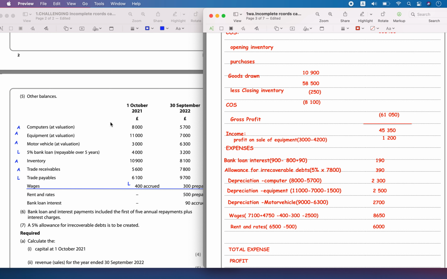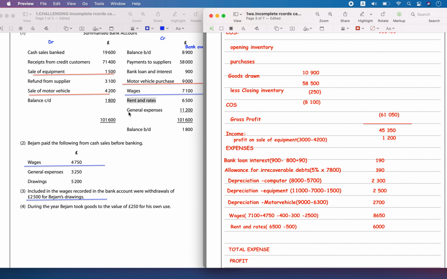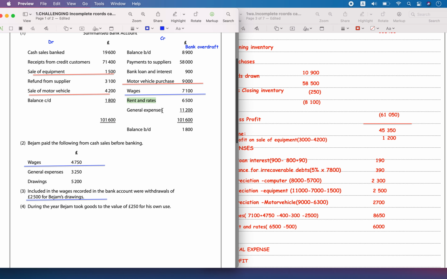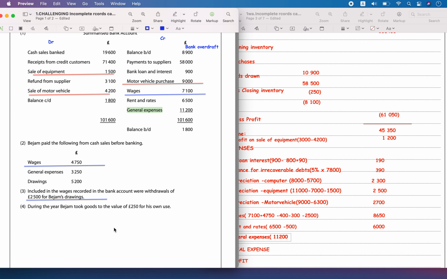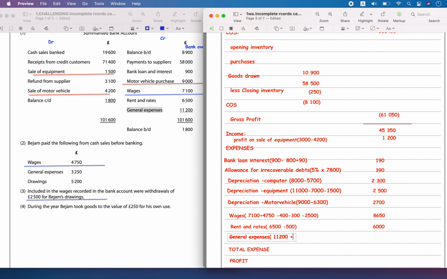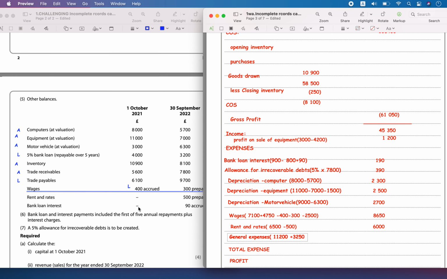Then we had general expenses. So the general expenses were 11,200 plus 3,250. Okay, this was paid towards the general expense, 3,250. And then was there any other information?